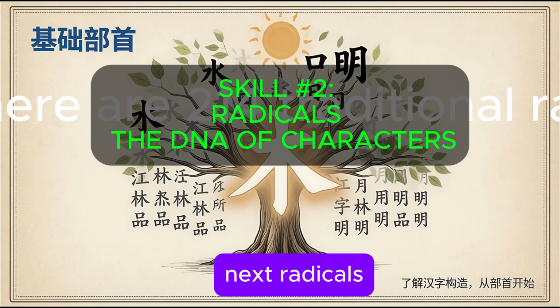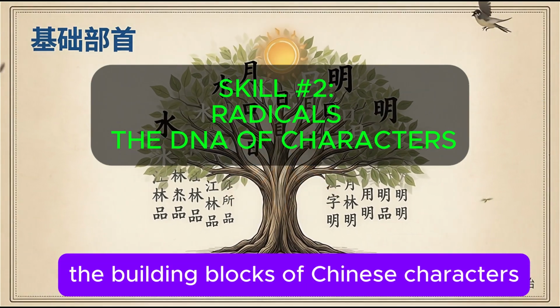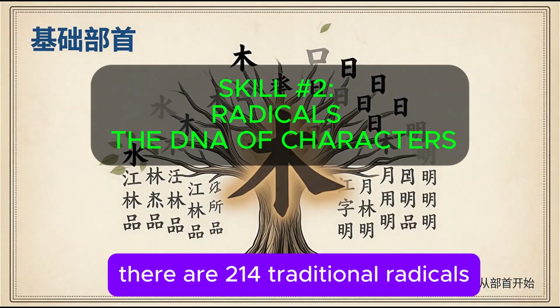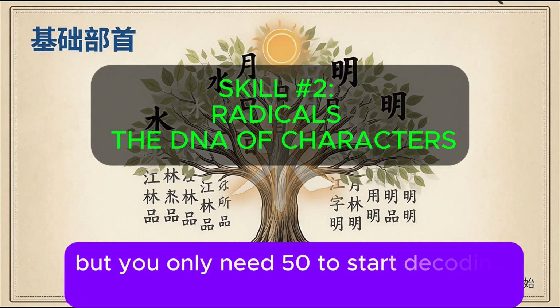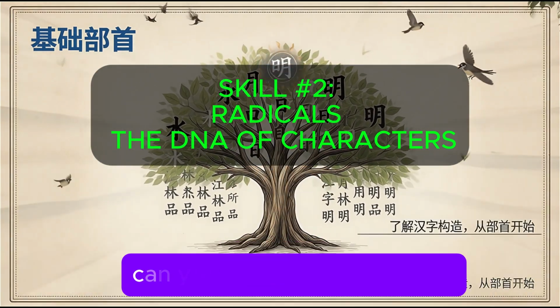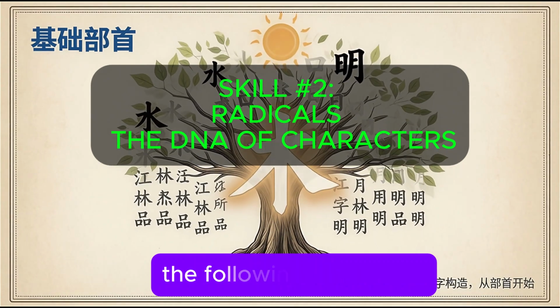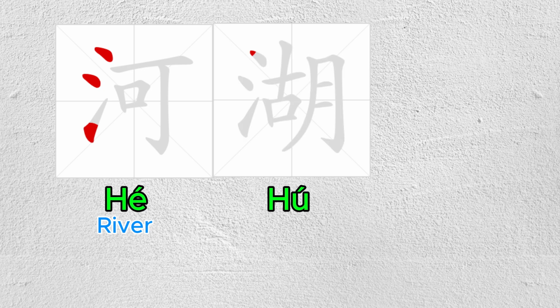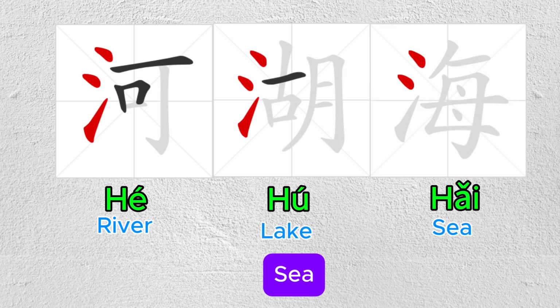Next, radicals, the building blocks of Chinese characters. There are 214 traditional radicals, but you only need 50 to start decoding meaning. Can you see the similarities of the following characters? 河, River, 湖, lake, 海, sea.